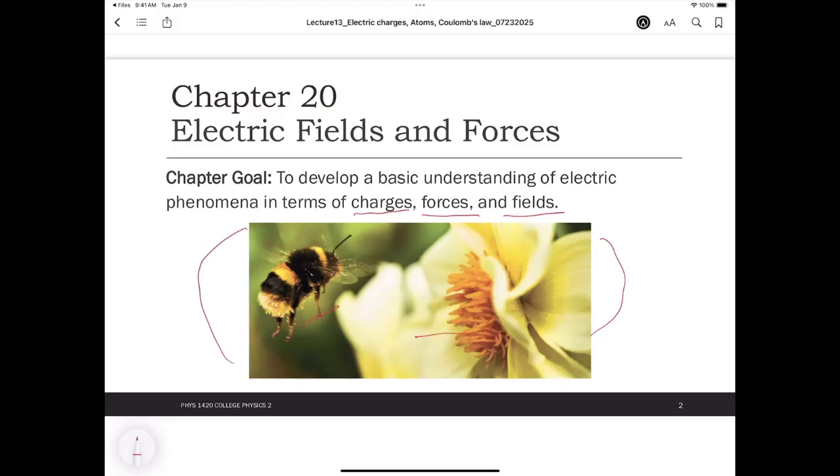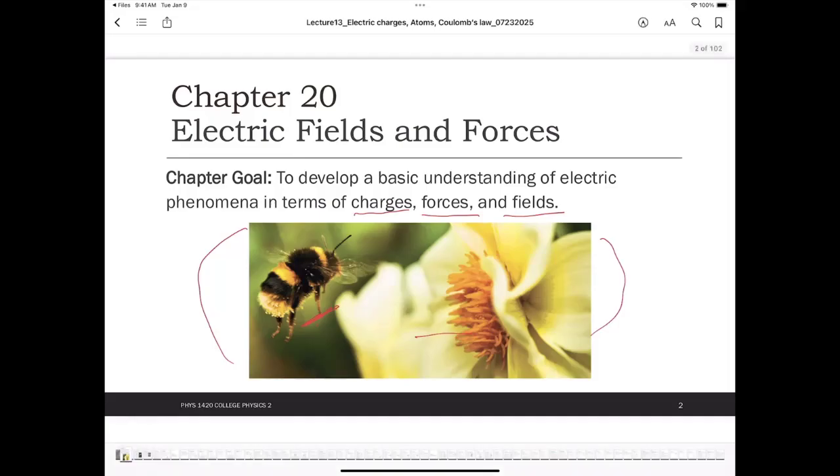Actually, when bees search for the best flower, they send some information to the outside and form a field, and then they can choose the best flower. I will talk about this later in this class.